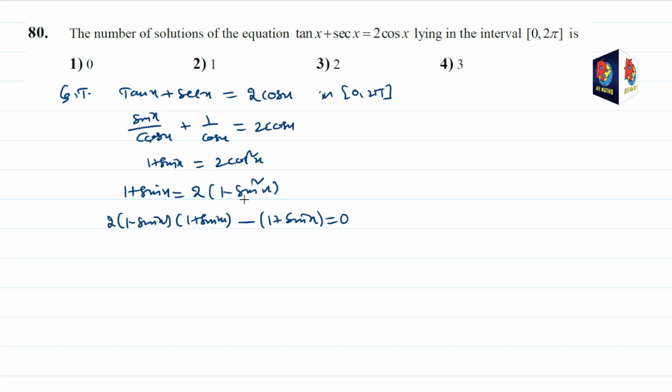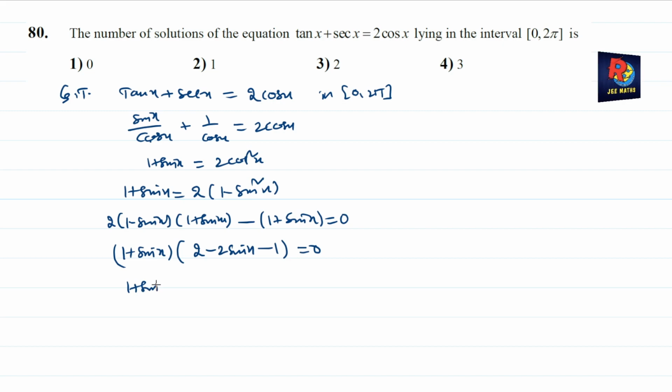Now if I take 1 plus sin x in common, then 2 minus 2 sin x minus 1 is equals to 0. 1 plus sin x value equals to 0 and 1 minus 2 sin x value also 0.